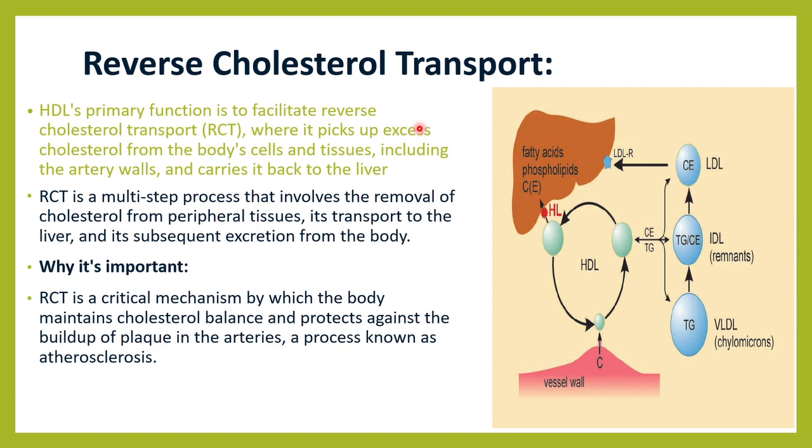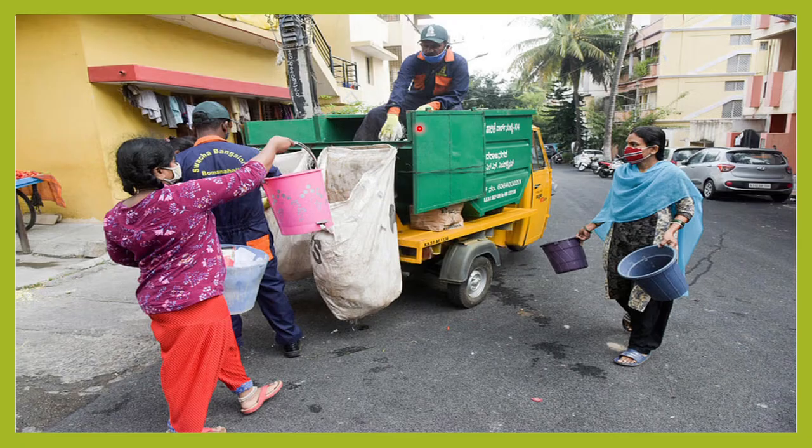They will start damaging your blood vessels, they will start building up plaques in the arteries, and then you will get atherosclerosis, heart block, etc. So that is why this becomes very important. This is like a scavenger, the van wherein it will carry this excess cholesterol and take it to the liver. The liver will metabolize it and the excess will be thrown out. So that is why it is very important.